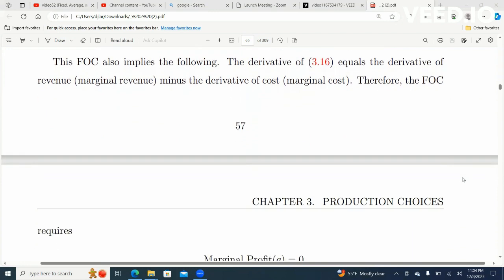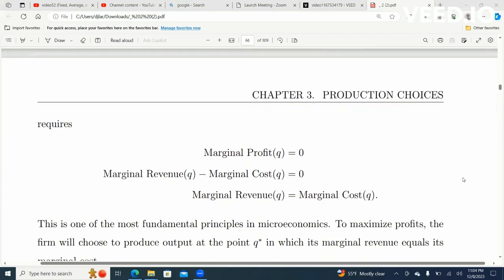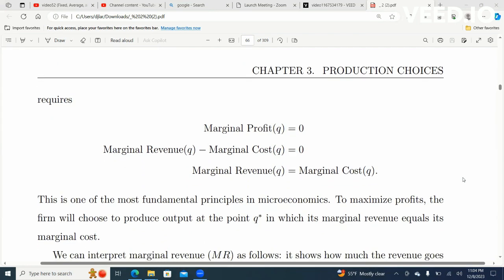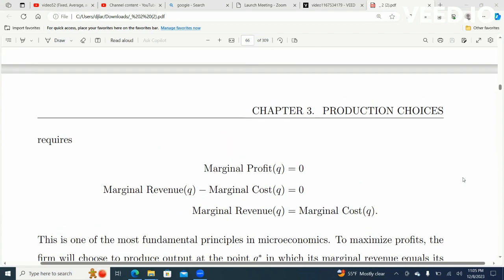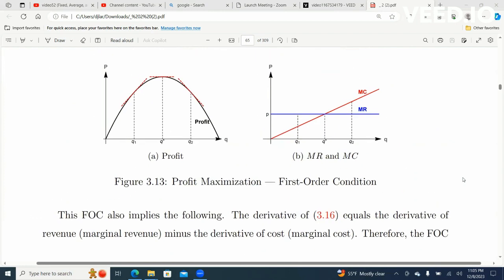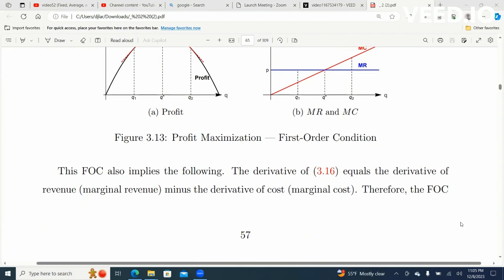Therefore, the first order condition, the marginal profit, is the marginal revenue minus the marginal cost equals 0. Therefore, the marginal revenue equals the marginal cost. That's going to be the second picture on the right. So that Q star is also where the marginal revenue equals the marginal cost, and they derive that simply from taking the derivative of the profit function.